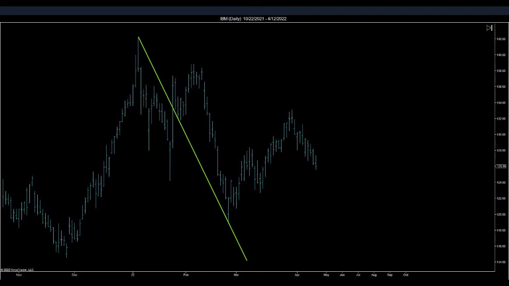This is IBM. Your homework on this one is to look at this line using the square of 144. Calculate where this line that originates from January 5 of 2022, that's the high up there, at a price of 142.2, and the line continues on through February 24th, 2022 at 118.81.